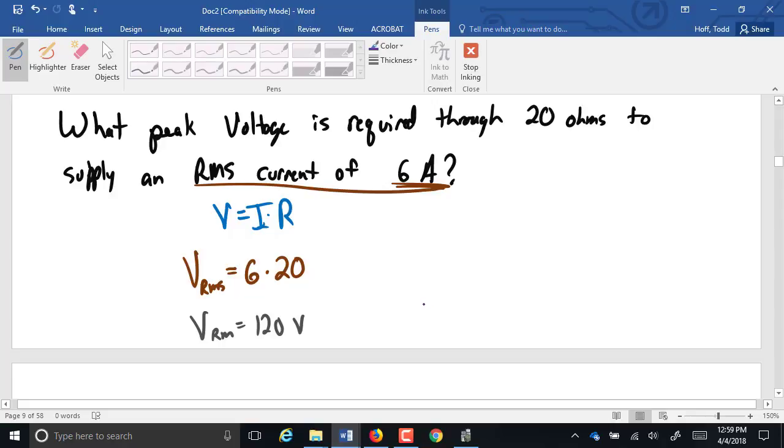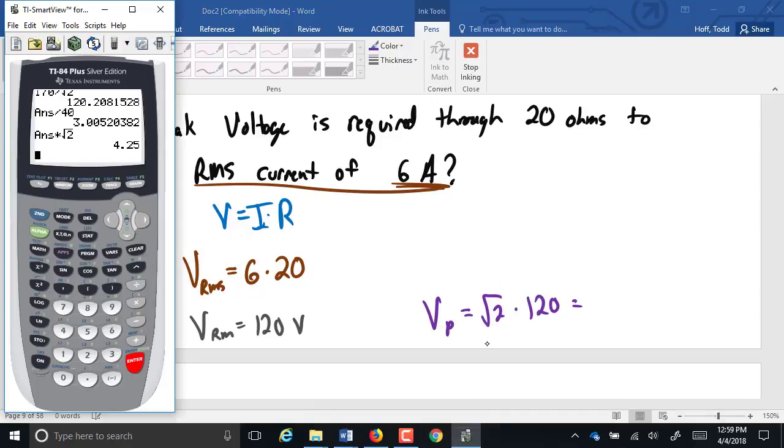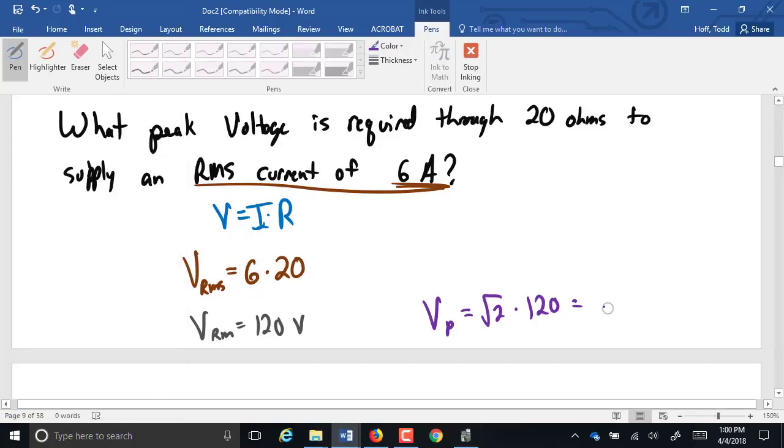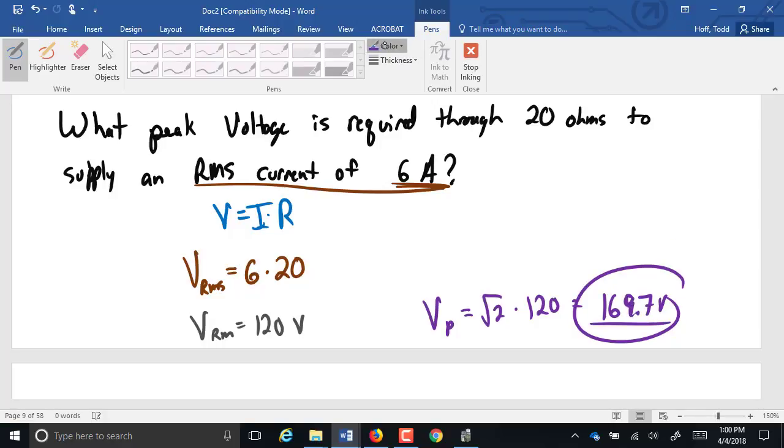So then our peak voltage is going to be square root of 2 times the RMS of 120. Basically 170, 169.7. Not so bad.